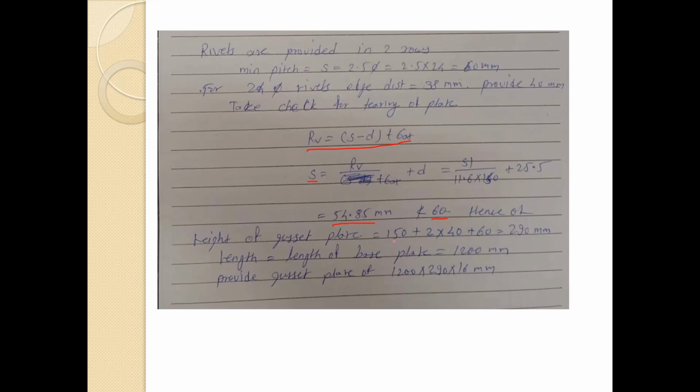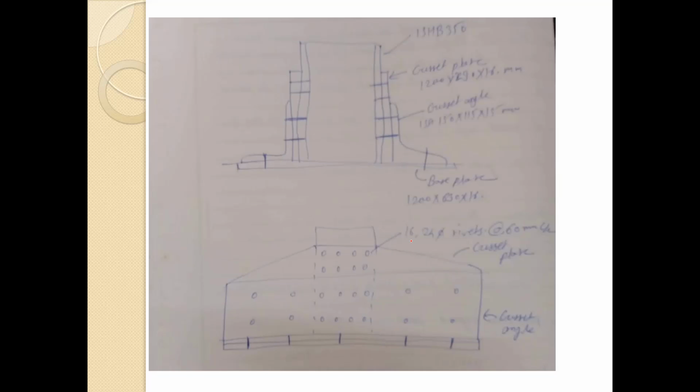This 150 is the leg length of the angle. So this way it looks. This is ISHB 350. This is the gusset plate of 1200 by 290 by 16 mm. This is the gusset angle, that is 150 by 115 into 15. This is the base plate of 1200 by 630 into 16.